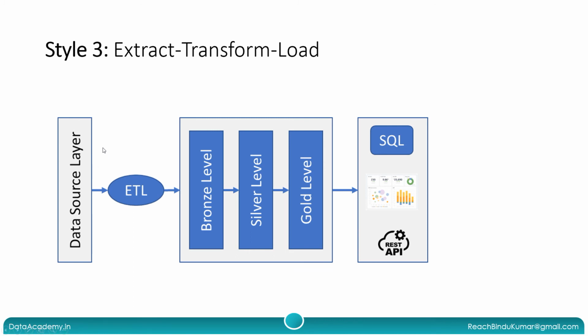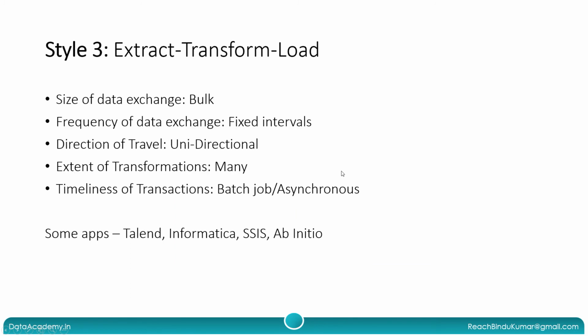So you connect once to the source system and you fetch all the data, and then you push it to the centralized data warehouse, right? So the timeliness of transaction is usually batch job and asynchronous. So here are some examples. You have Talend, you have Informatica, SSIS, Ab Initio. There are many more ETL tools in the market, but these are some of the popular ones.